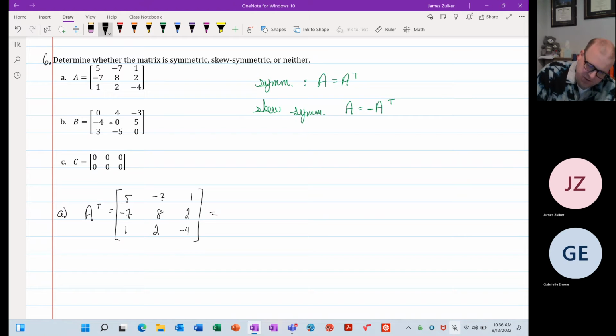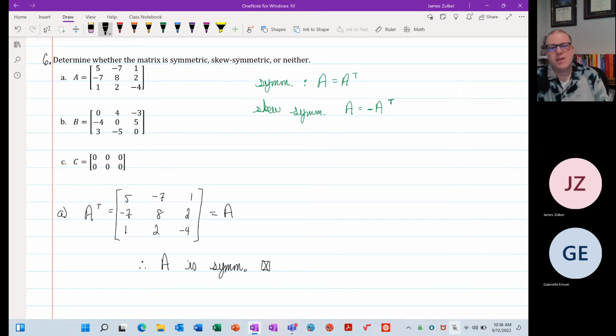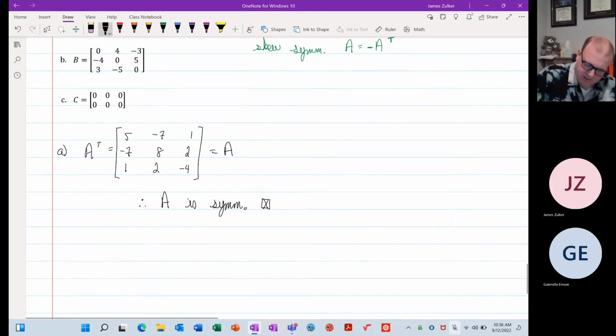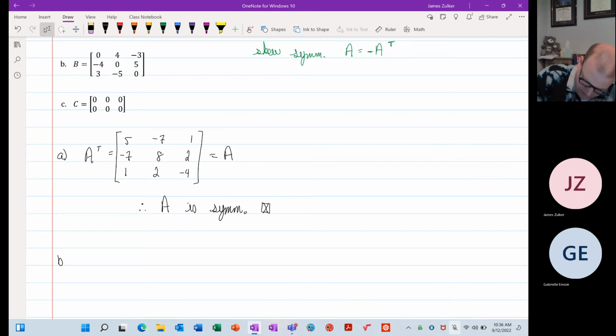Well, look at the first row of A transpose. It is the first row of A. Second row is the second row of A. Third row is the third row of A. So A transpose is equal to A. Right, so A is symmetric. B transpose, we're going to get this. So again, rows become columns.